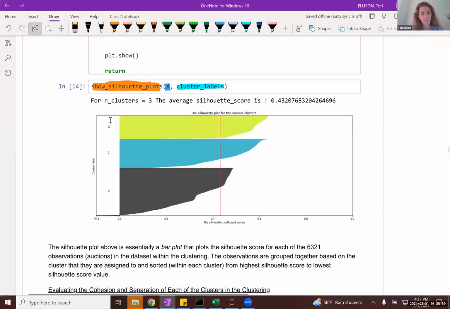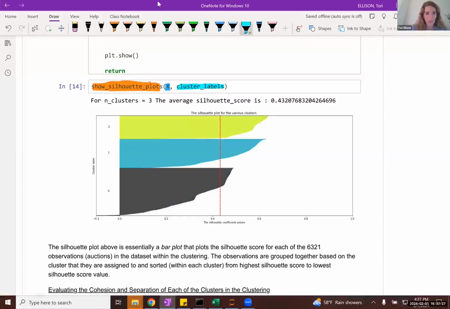So for instance, what this tells me is that cluster 2, and generally speaking cluster 1, tend to be much more cohesive and well separated than cluster 0, because on average their corresponding observation silhouette scores are a lot higher. And furthermore, we're seeing much more of this dramatic drop-off happening with cluster 0.